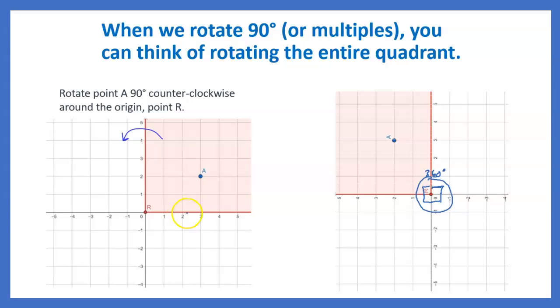And we can think of rotating this entire quadrant 90 degrees, so one quadrant. We're going to go counterclockwise, so this direction, and we're going to move this whole thing over here. That means our x-axis moves up to the y-axis. Our y-axis moves down to the x-axis.